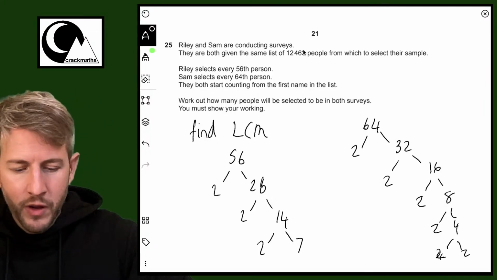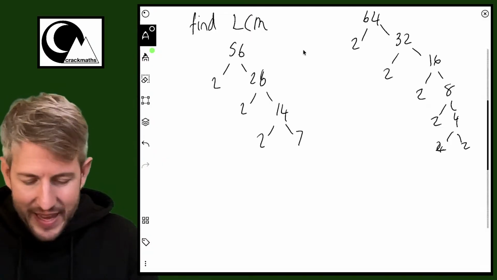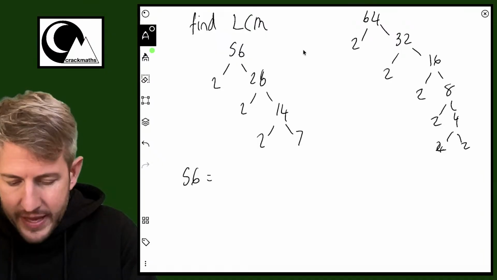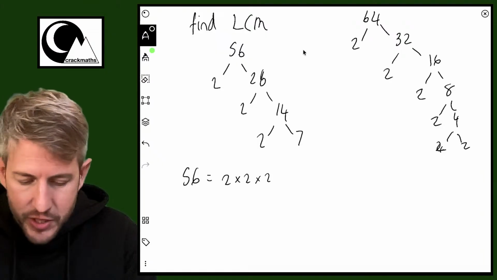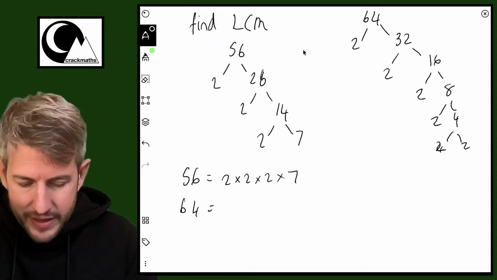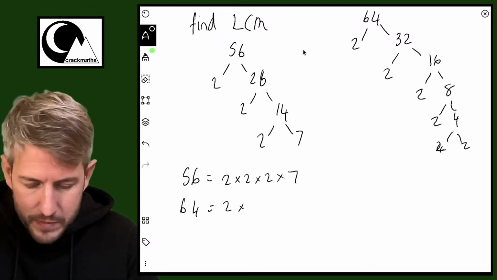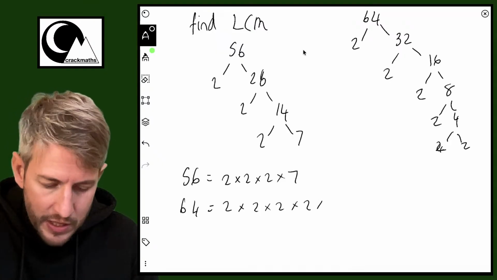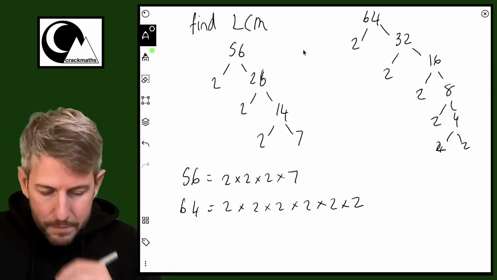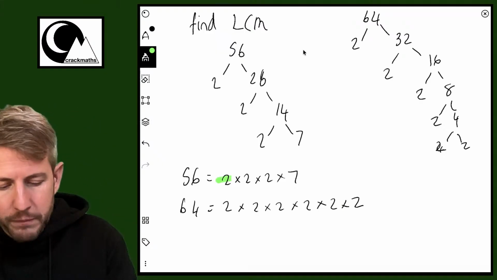Now we've done that, think about 56 equals 2 times 2 times 2 times 7, and 64 equals 2 times 2 times 2 times 2 times 2 times 2. What can we get out of both of them?